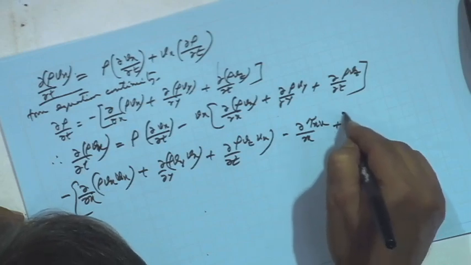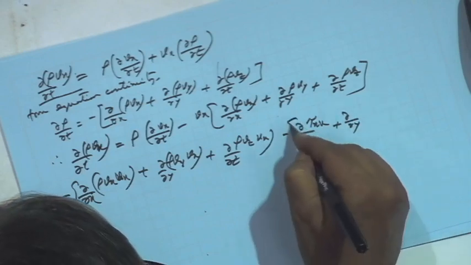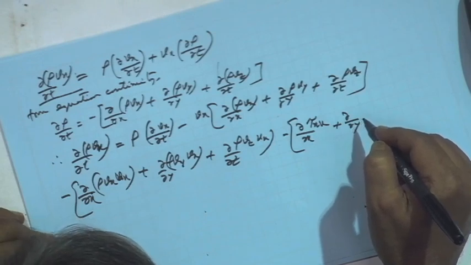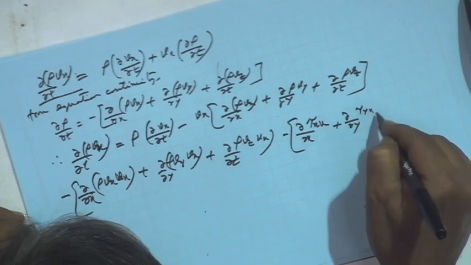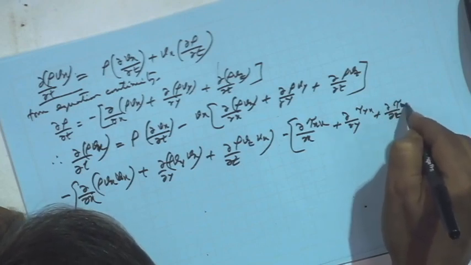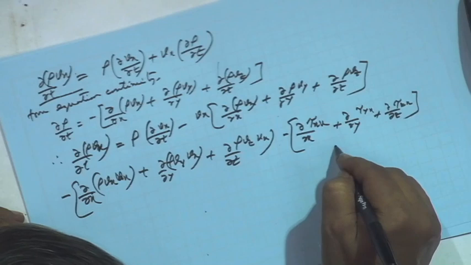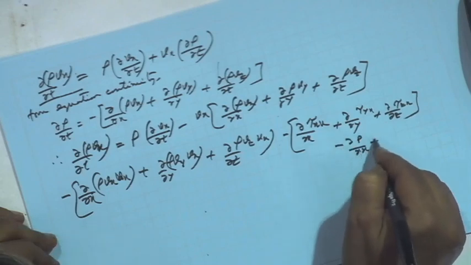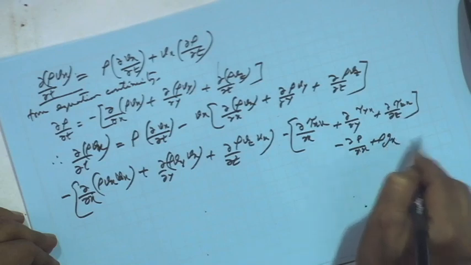plus del y of, this will be under bracket. So, del y of tau yx plus del z of tau zx, right. This minus we also had del p del x plus rho gx, right.